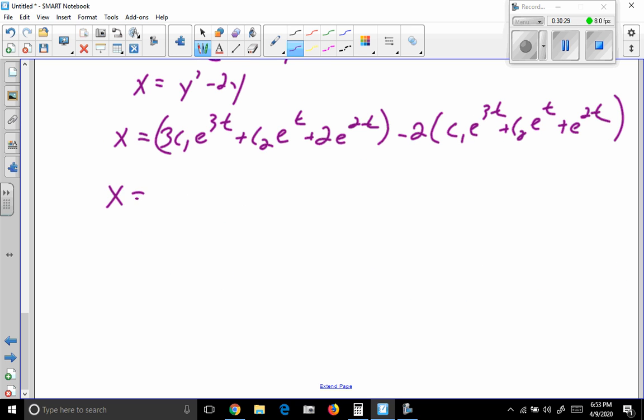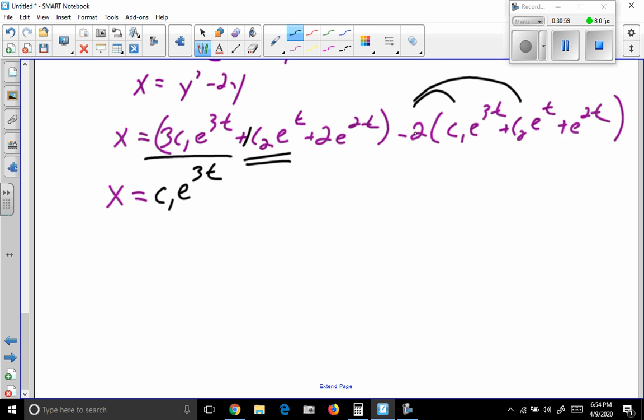So if we combine like terms, we have a 3c1 e to the 3t. When we distribute, that's going to be a minus 2c1 e to the 3t. So 3c1 minus 2c1 is 1c1 e to the 3t. Then for our e to the t's, we have a c2 e to the t. When we distribute there, we have minus 2c2 e to the t.